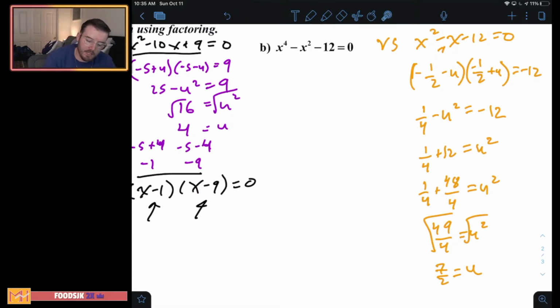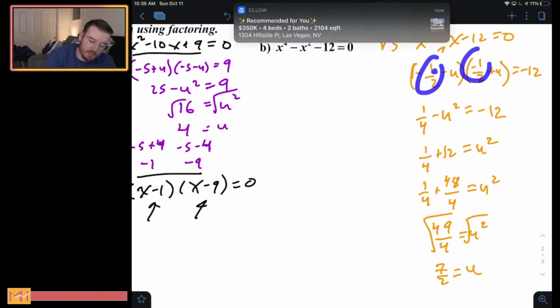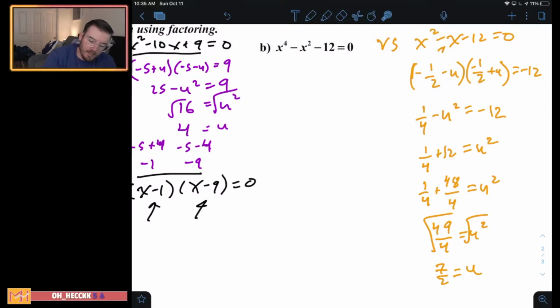I kind of got in the zone. But this times this gives me the 1/4, and I added the U squared over, added the 12 over, got a common denominator, added.